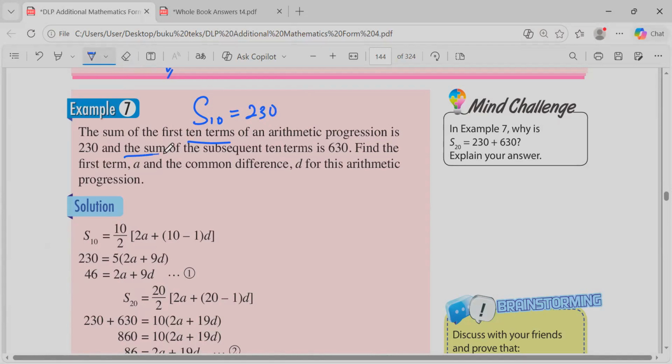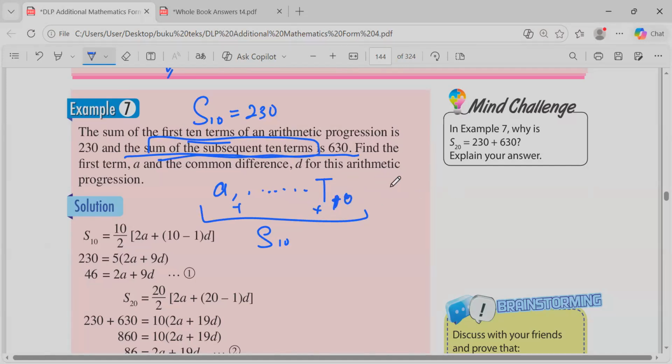The sum of the first 10 terms is 230. Sequence means that the next, another 10 terms, from the first until 10, and then continuing the next until 20.